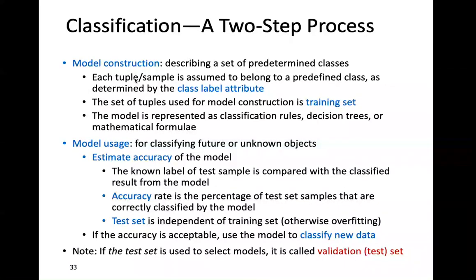Basically, we divide the labeled data into two sets. One is a training set, another is a test set. The training set class labels and their samples are used to train the model. You cannot have machine learning without training the model. So basically, that is the training which will be there.